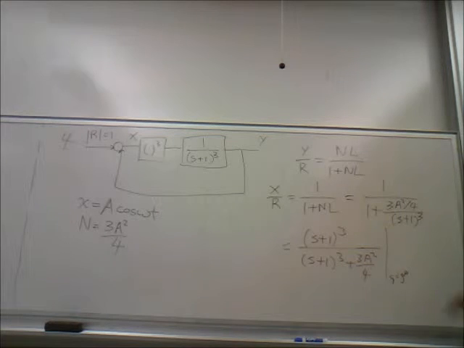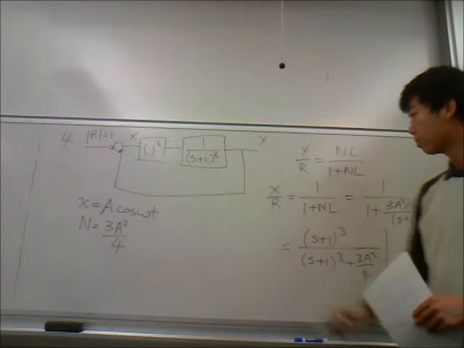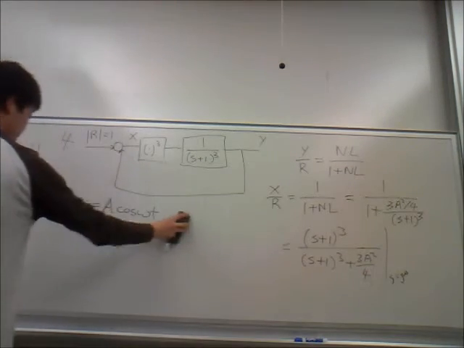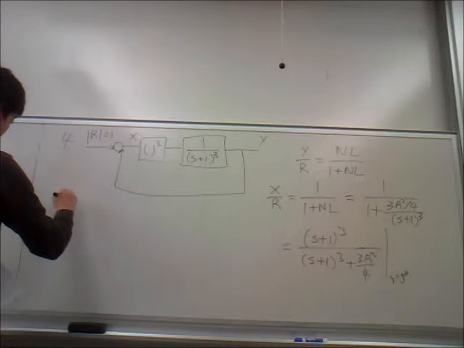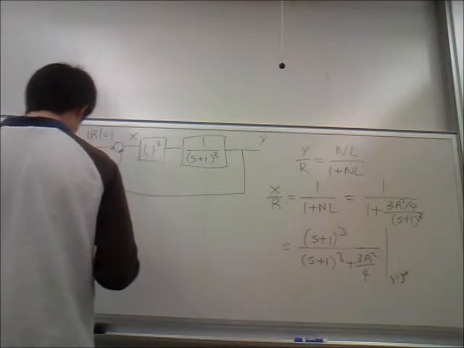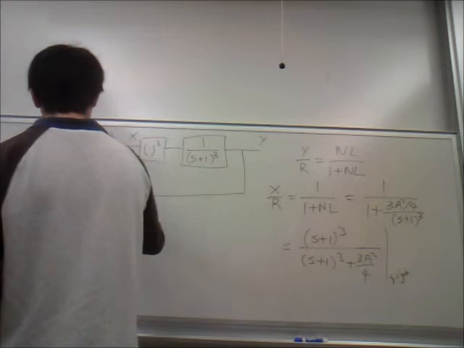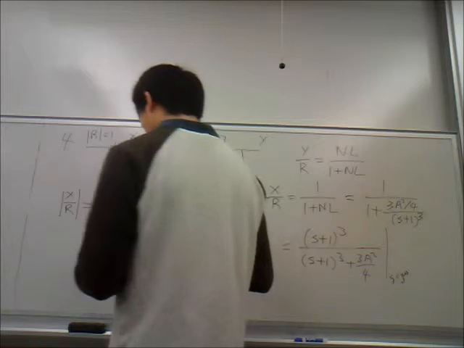So again, we're looking for the magnitude of x, which is a, right? So if we take the magnitude of this whole thing, this is just a over 1, right? This is a.